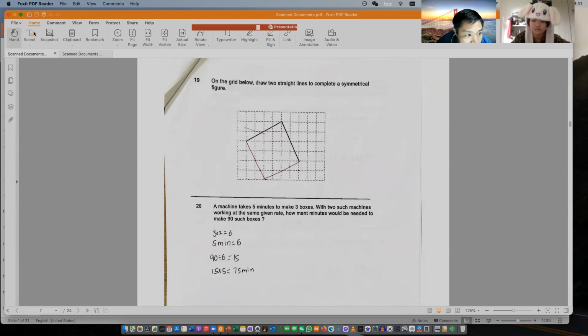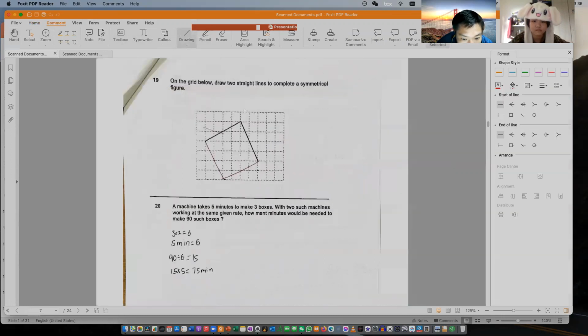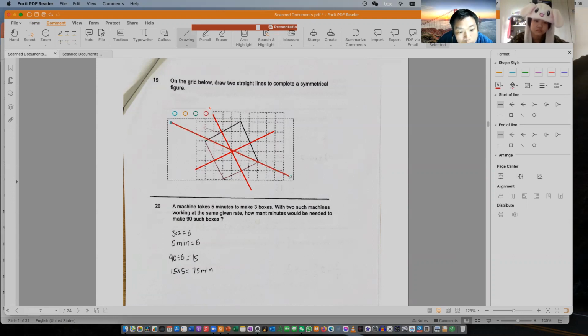The line of symmetry is here actually. This one. So I just move it a little bit. It should be here. And then there is also another line of symmetry here. Is there a line of symmetry here? No. So this is not a square.